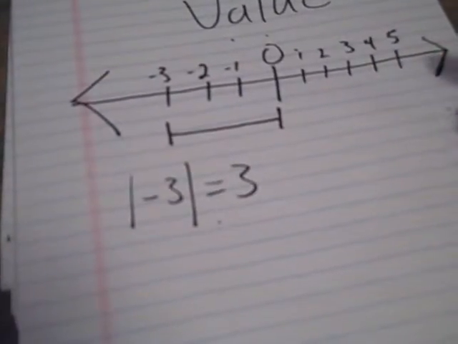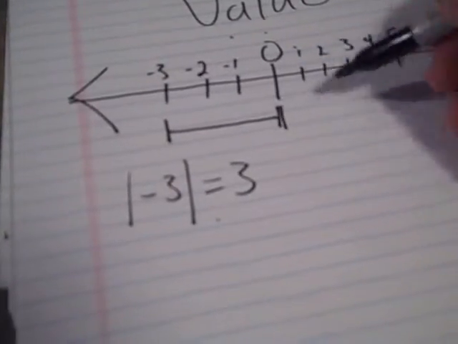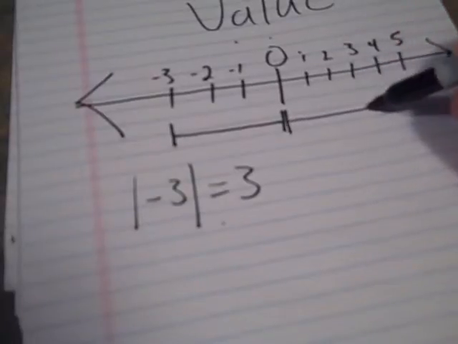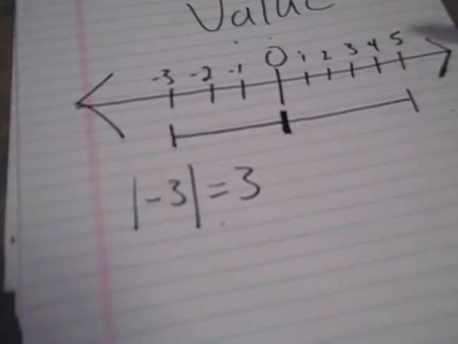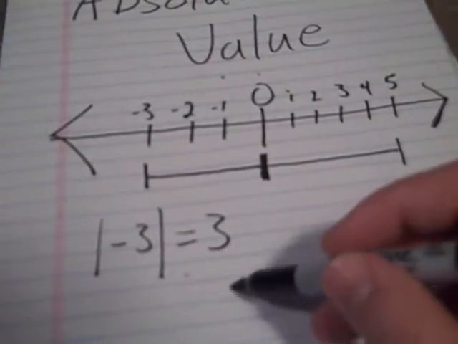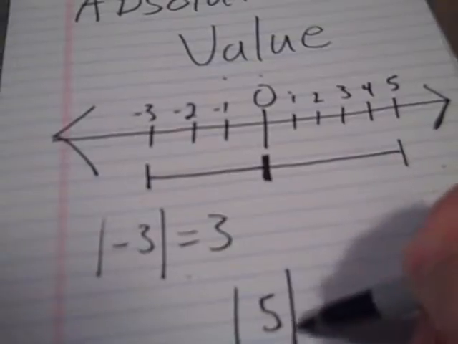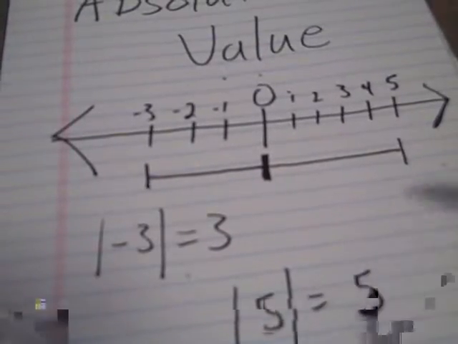Right? And if you were to say, what's the distance between 0 and 5, over here at 5, you could say the absolute value of 5, well, it's 5 ticks away, so it's 5.